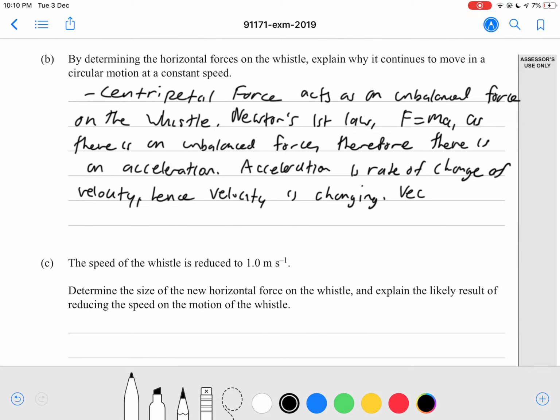And then you can link this one to velocity. Velocity is a vector quantity which has both magnitude and direction.